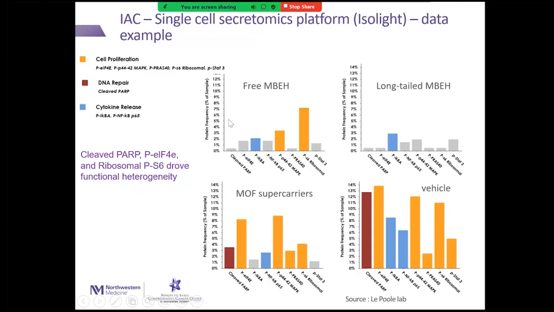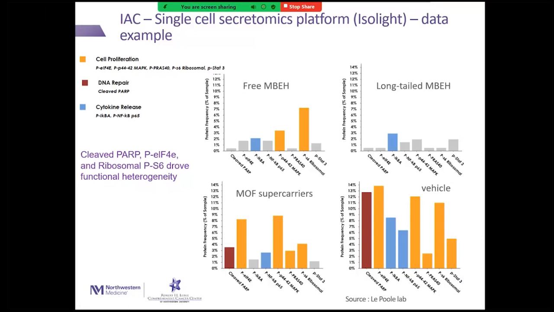But the gist of this result is that what they found was cleaved PARP, eukaryotic initiation factor 4E, and ribosomal protein S6 drove functional heterogeneity.